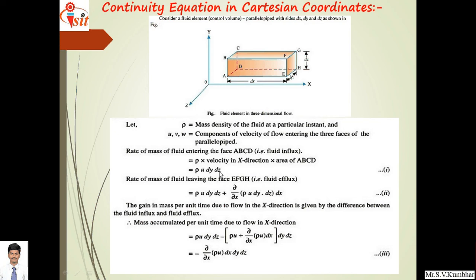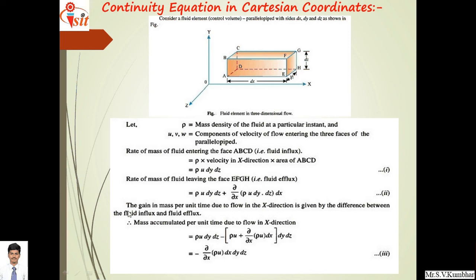The rate of mass of fluid leaving face EFGH, which is also called fluid efflux, is the same mass, and in addition to this the rate of change of mass with respect to x, that is rho u dy dz plus dou of dou x of rho u dy dz into dx, which is nothing but dm, that is rate of change of mass.